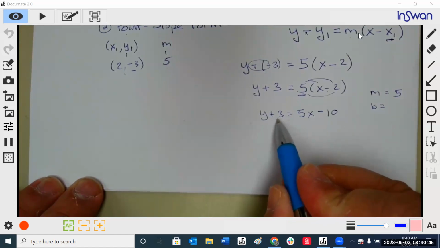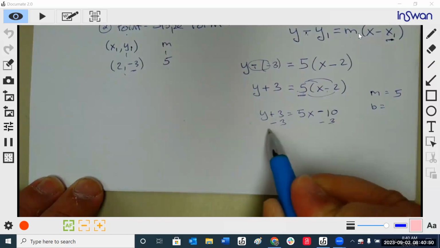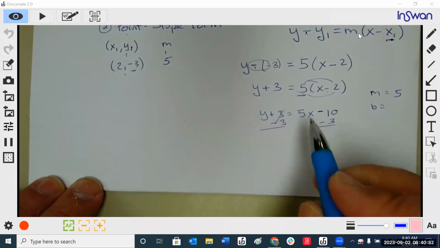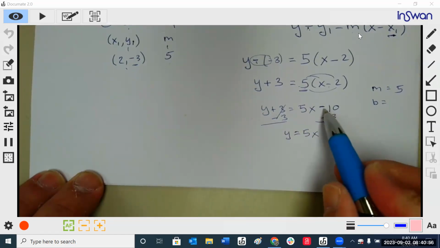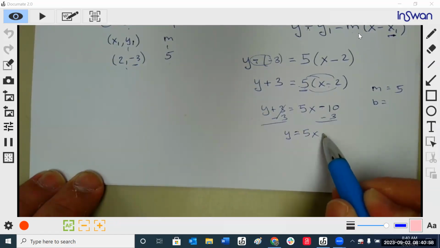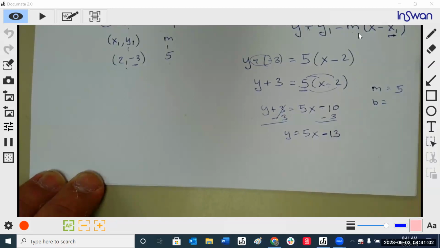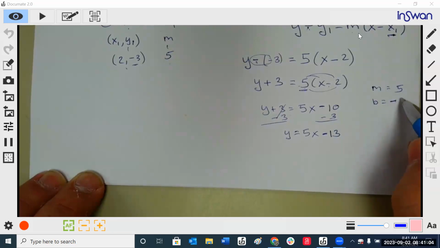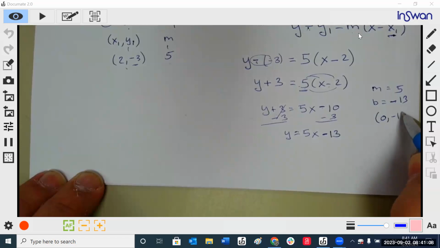How to get rid of the positive 3? So we have 5x, -10 minus 3. They're both negatives, so we add the numbers. So the y-intercept is at, the location is 0, -13.